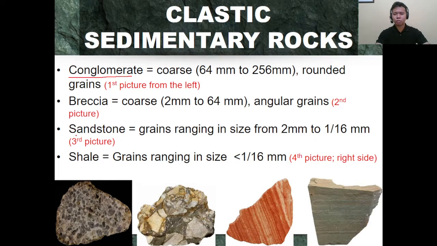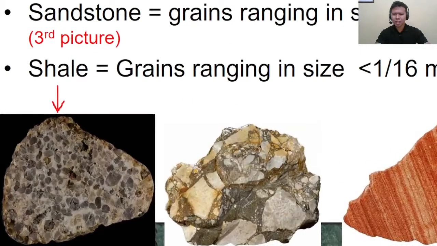Okay, you try to observe the leftmost picture. It's on the left side of the screen. They are usually coarse and there are also rounded grains present. Okay, so when we zoom it in, we can see some components.